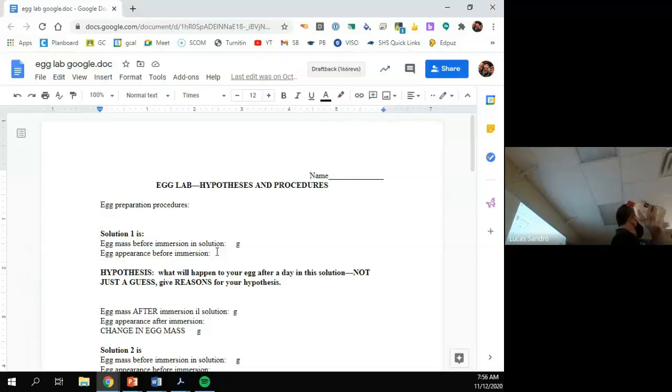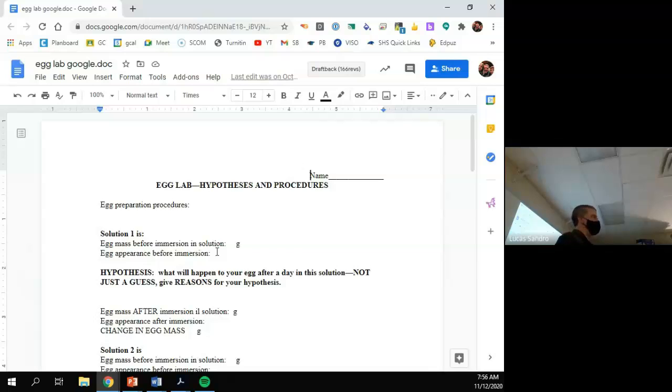What you have for your syrup, Mrs. Butterworth's or whatever, is this with brown food coloring and some artificial maple flavor. Some people just put this on their pancakes. It's just good. Anyway, this is a concentrated sugar solution. You are immersing your egg in a concentrated sugar solution.